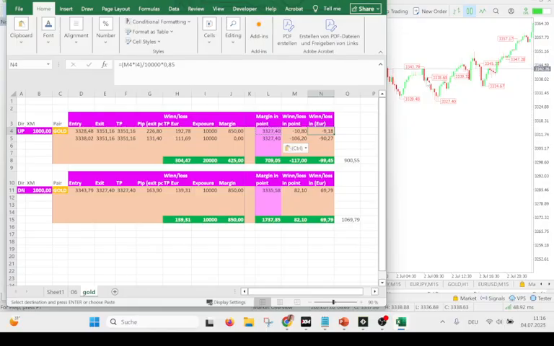Like this, you would still make a profit even if the price doesn't develop further. Also, if you don't want to make any losses and you have only one position open, you can put the stop loss at the entry point and then you don't lose anything. This is my favorite approach.